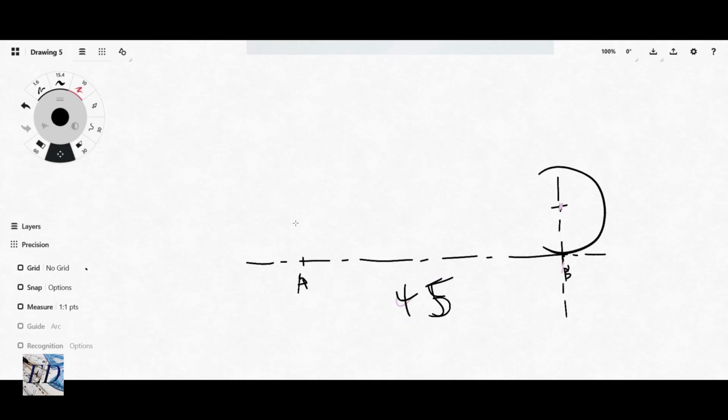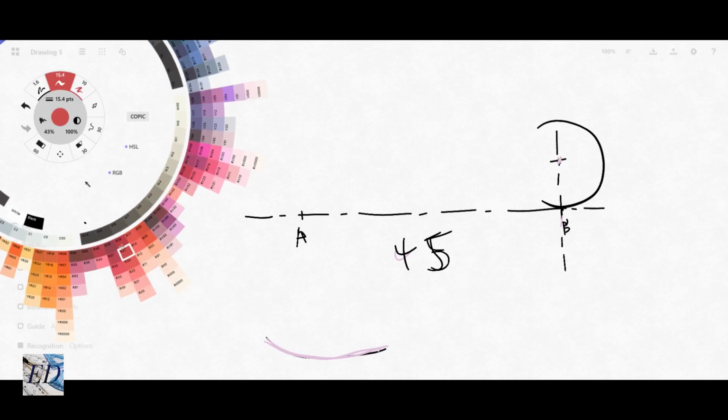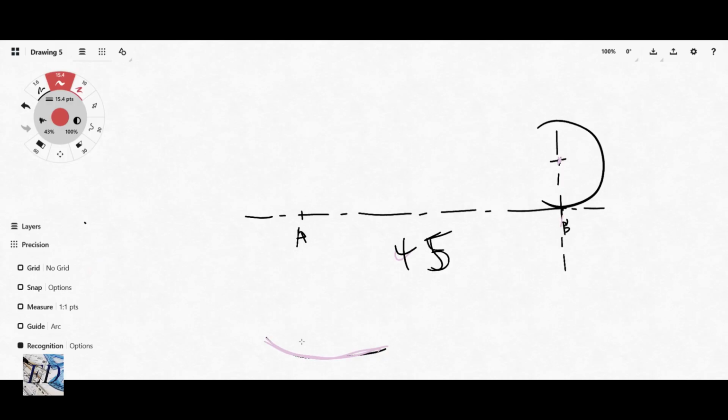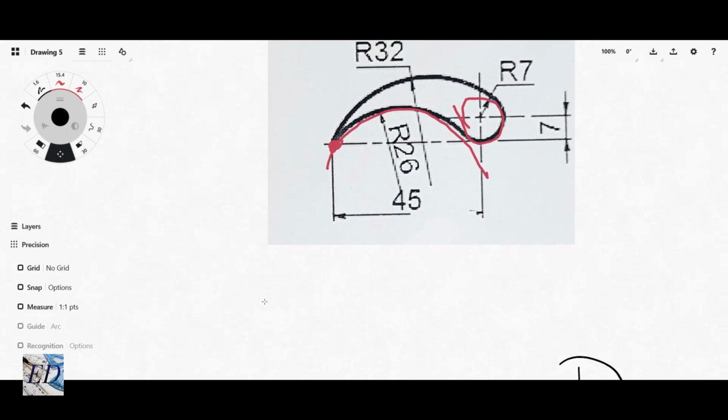Now with your compass at this point here, you open up to a radius of 26, or you can simply open up to point A. It should be the same thing as 26 if you've done everything right, it should be the same distance.